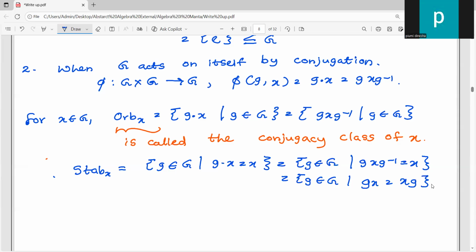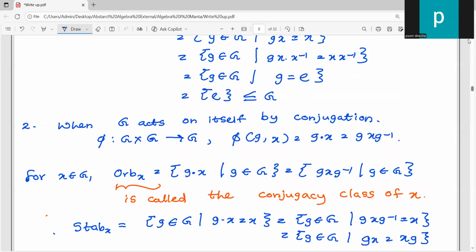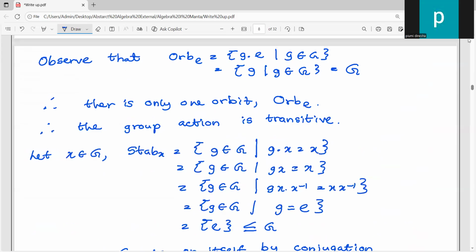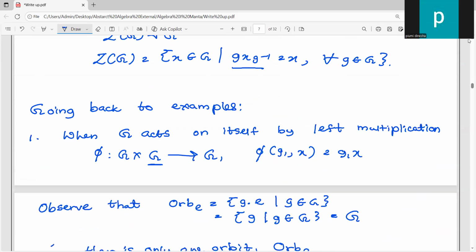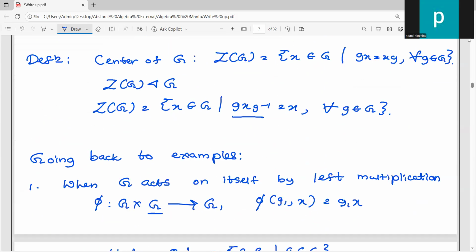Now, what is the difference between this and the center of G? I'll write it and I'll show you. For the center of G, we take every element in the group such that gx is equal to xg for every other element in the group, right?